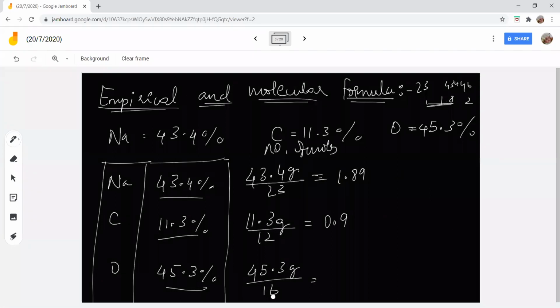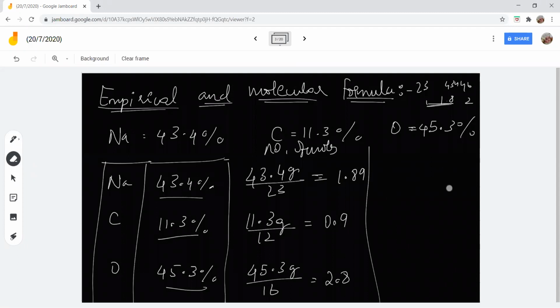Then 45.3 divided by 16. 16 twos are 32, 16 threes are 48. 45.3 is nearest to 48, so you can have it as 2.8 or something like that. Not 2.9 definitely. If you have doubt, after finding out, you can multiply and see.